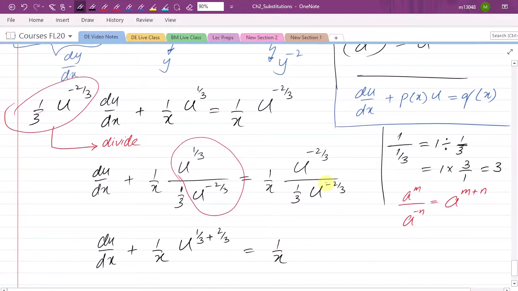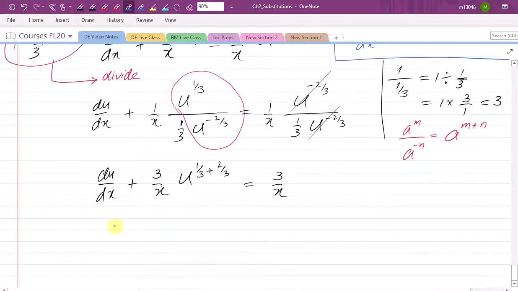This one, yeah, this 3, of course, I forgot, this 3 and this 3. These two will cancel out because same power, u power minus 2 by 3, u power minus 2 by 3, so we get only 3 by x. What is this thing? du by dx plus 3 by x u equals 3 by x.